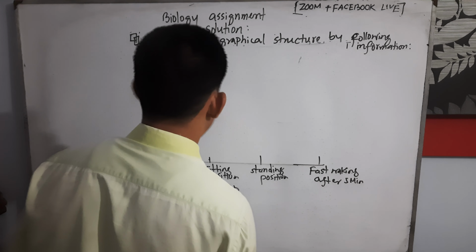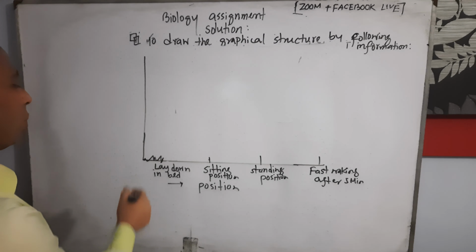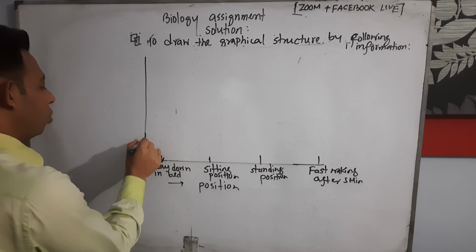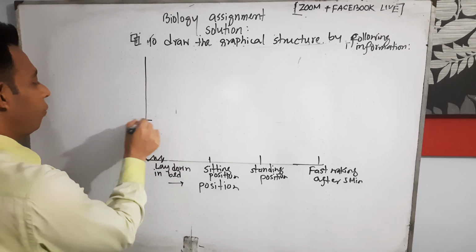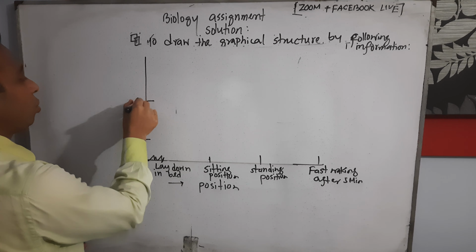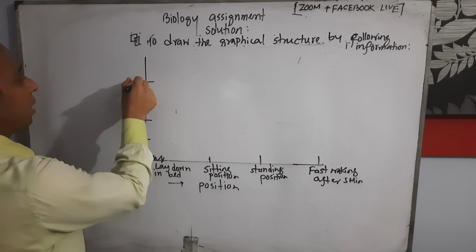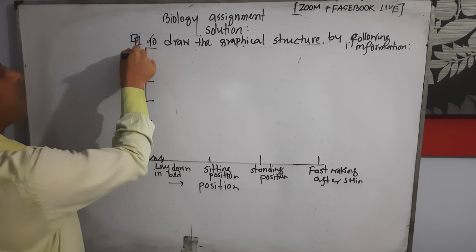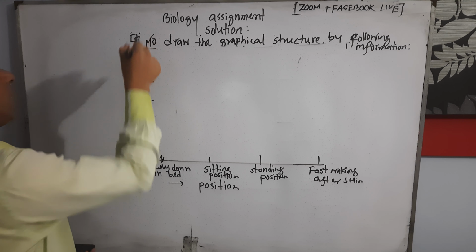In that way you will go through the axis 0, 20, 40, 60, with a gap of 20, then 80, 100, or 120. Up to 120 is better to draw.